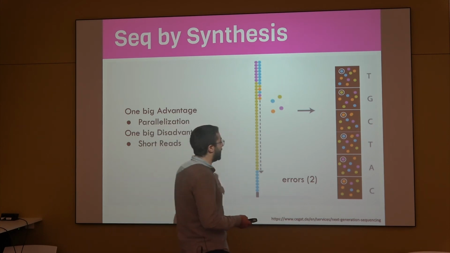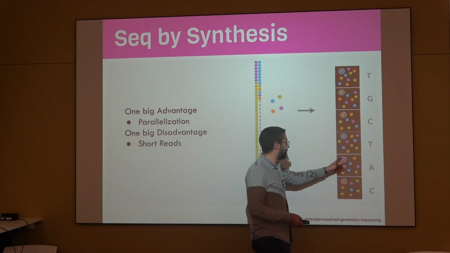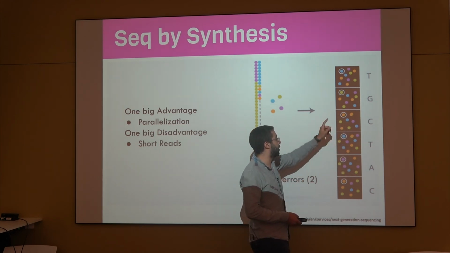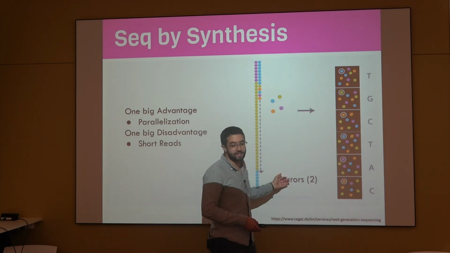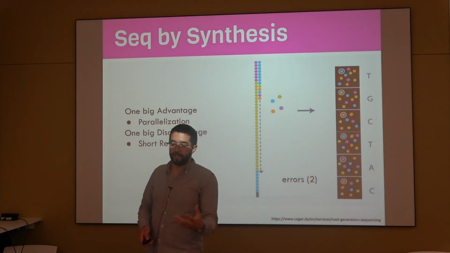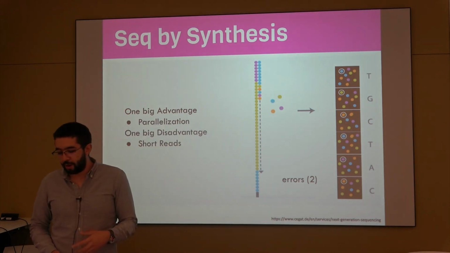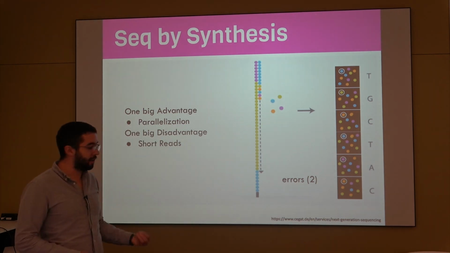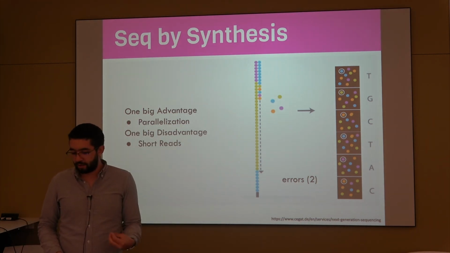It's an image segmentation problem where you're trying to isolate this dot, assign it to the same dot in the previous pictures, and know what the color of the sequence is. This is the second source of error, and this is what the sequencer will identify as high confidence dots or low confidence dots.